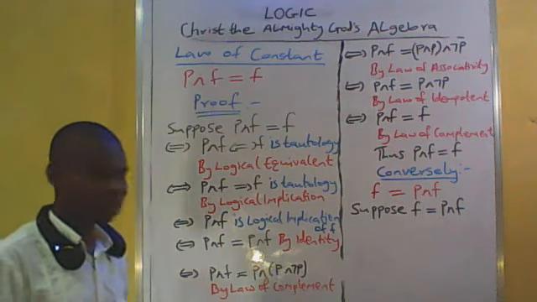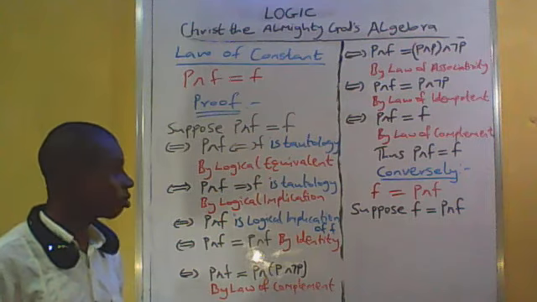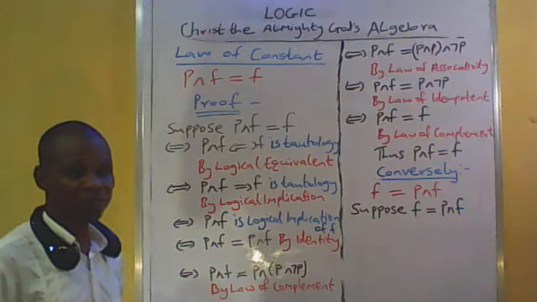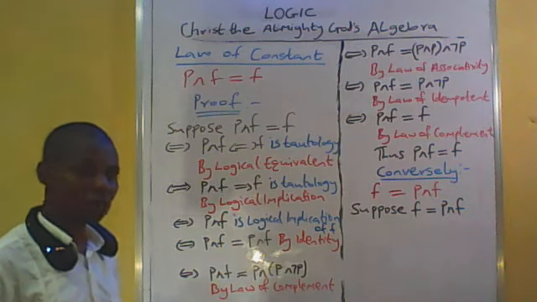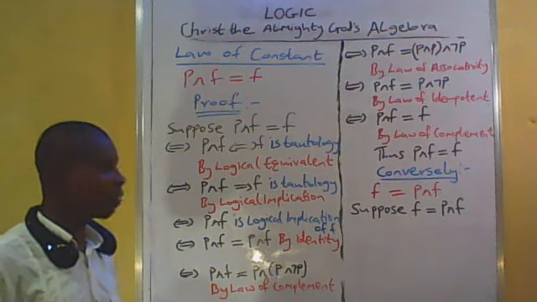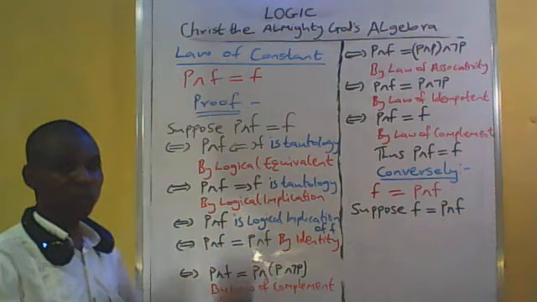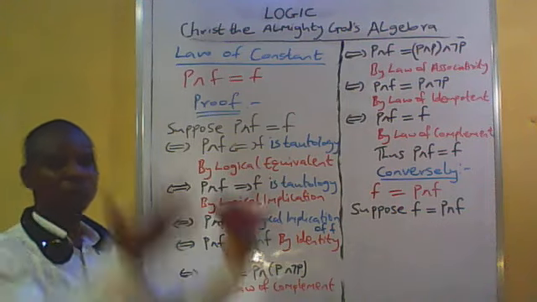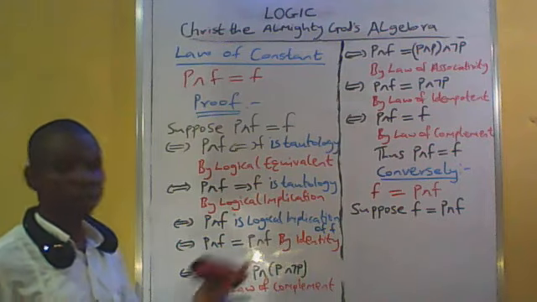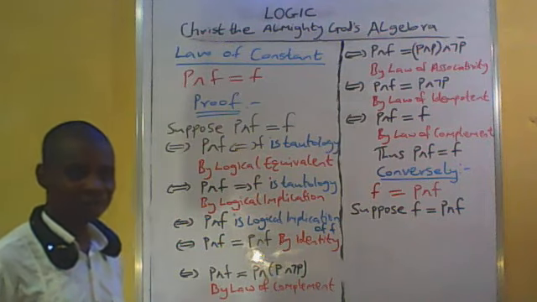But in this case, in the valuation of this statement we don't have P; it's always F in both sides. So it's constant, always F. Whenever the left hand side is false, the right hand side is also false, and vice versa. You say it's logically equivalent. Since it's logically equivalent, we are going to transform it to a biconditional statement.